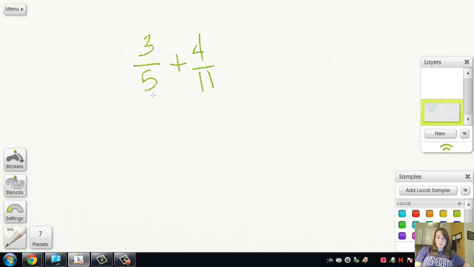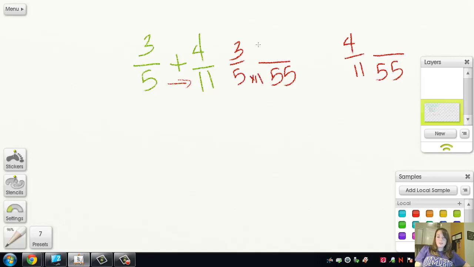My next step is to find a common denominator. 5 times 11 is 55. If you can think of something other than 55, you're welcome to try it. So I have 3/5, 4/11. This was times 11, so times 11 is 33. This was times 5, so this times 5 is 20.